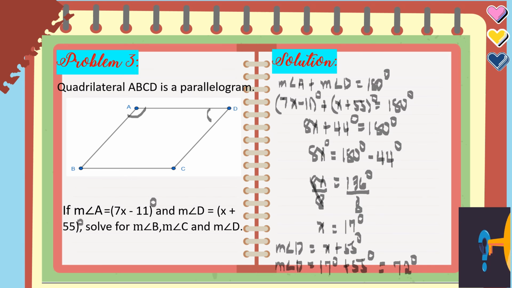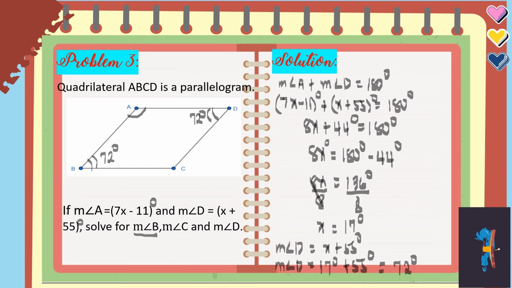So the measure of angle D is 72 degrees. To solve for the measure of angle B, since angle D and angle B are opposite angles, then they are congruent. So since angle D is 72 degrees, then angle B is also 72 degrees.